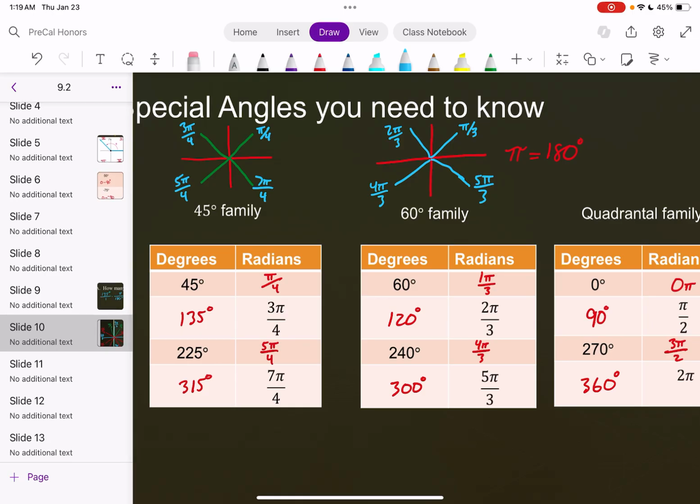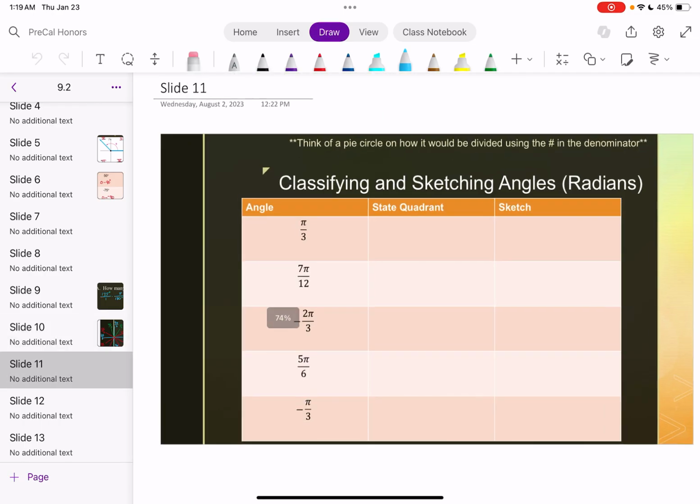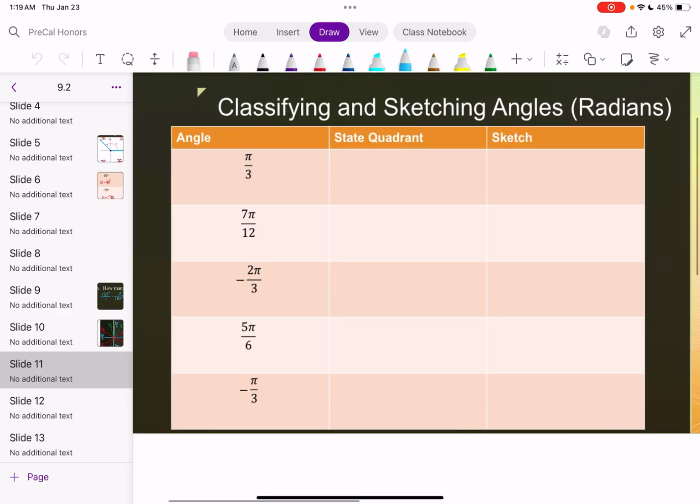Let's go ahead, work on slide 11, and get some additional practice on these problems. We're going to be focusing on what quadrant it is within and sketching that graph. So in this case, we have pi over 3.